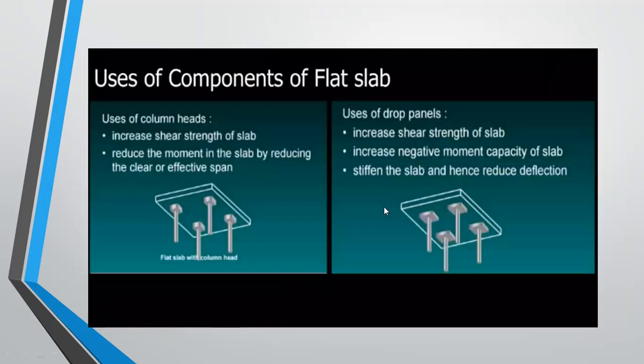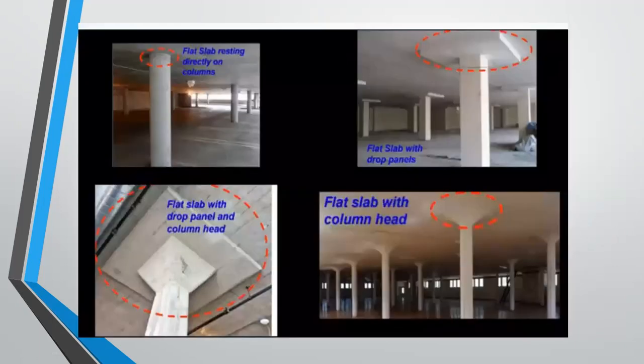On the next slide, I show real pictures of all the types. In the first picture, you can see the slab resting directly on the column. In the second picture, you have a drop panel between the slab and the column. In the third picture, you have a square column head.